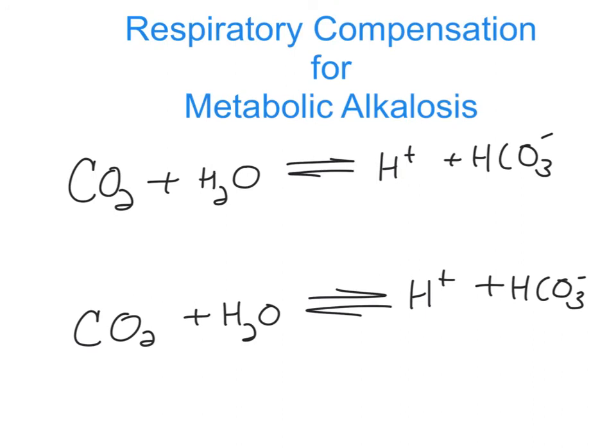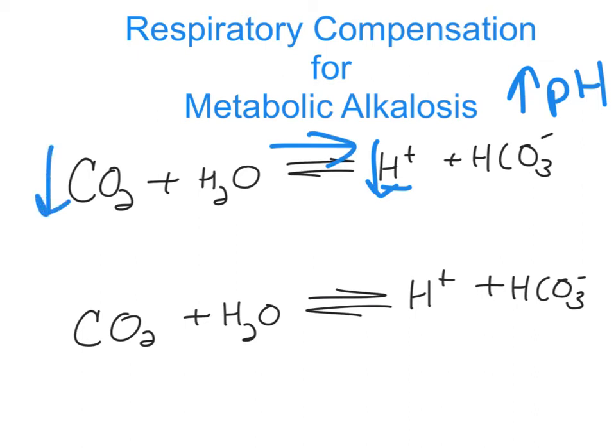Now let's look at what the respiratory compensation would be for metabolic alkalosis. Remembering again, the cause was a direct alteration of the hydrogen ion concentration. In this case, it would have been a decrease in hydrogen ion concentration, which would have increased the pH. And as a result, the equilibrium would have shifted to the right, and we would have decreased CO2 levels.